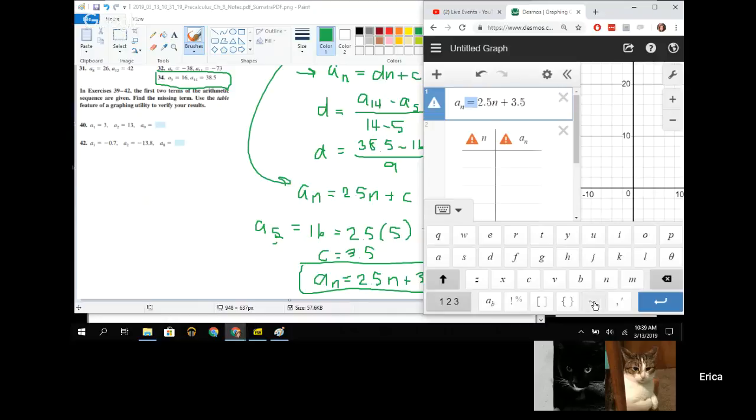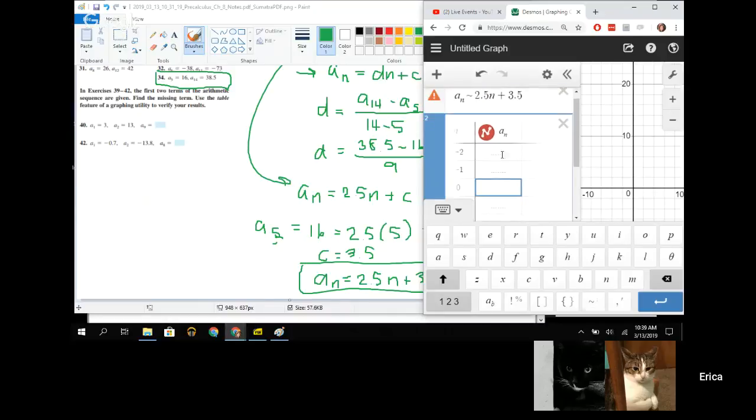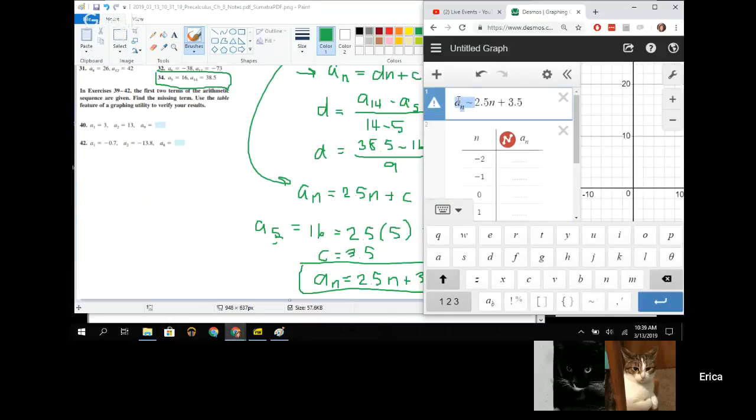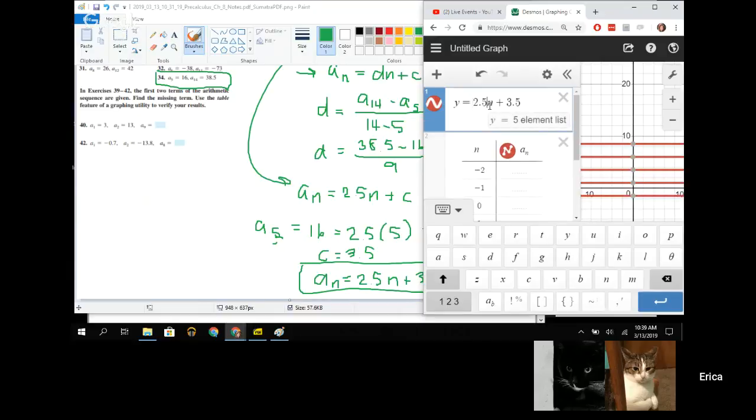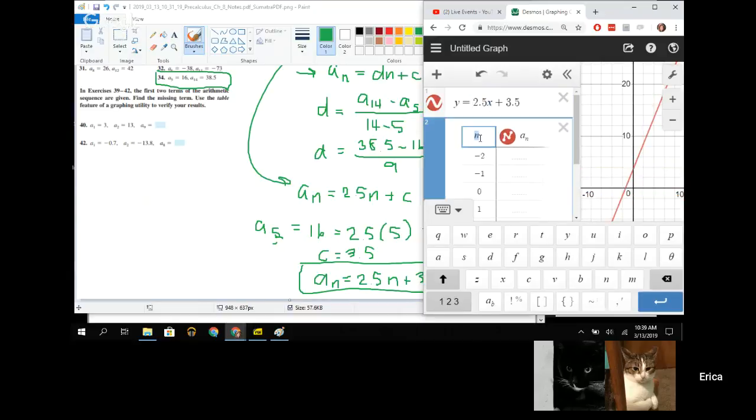Maybe if we put this squiggly. No, it still doesn't like it. All right, well, I'm going to switch to y equals x because it's happier with that. Make this x and this y.